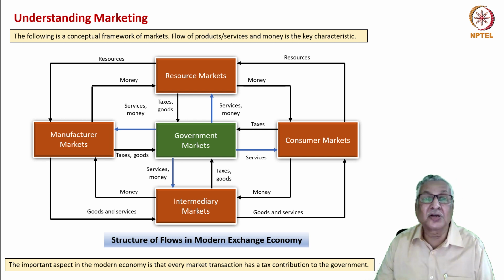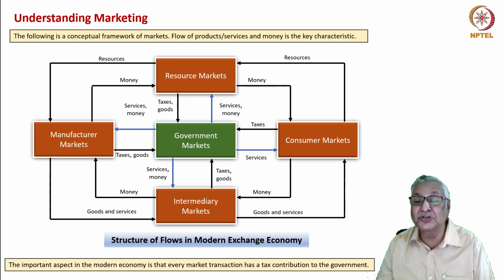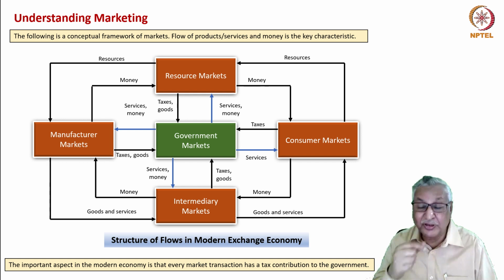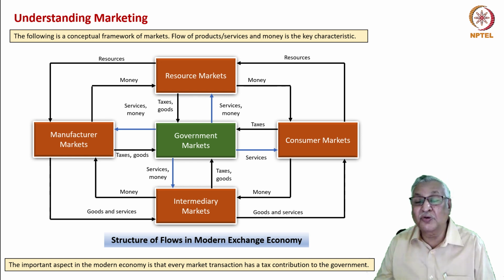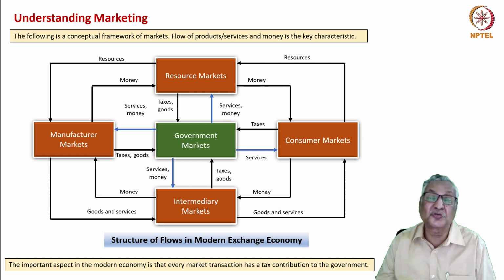Now, resource markets are the ones which provide the basic resources for things to happen in the socio-economic system. Consumer markets are the ones which absorb the products and services that are provided. But without a resource market, companies will not have the wherewithal to produce the products or offer the services. So, resource market, be it the financial system, be it the bank or anything else, is the key to establishing the viability and the circularity of the marketing system.